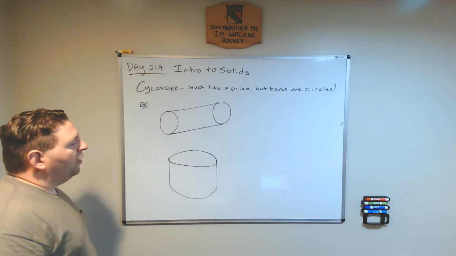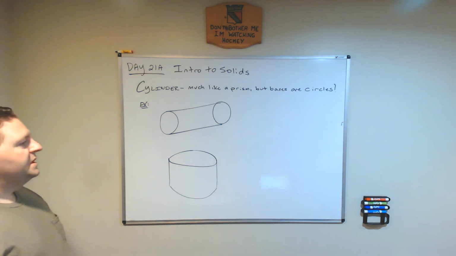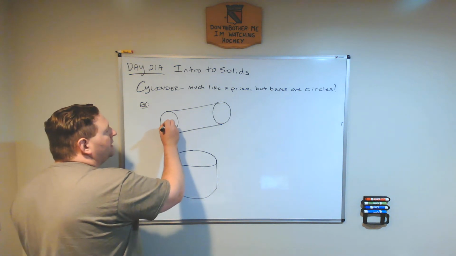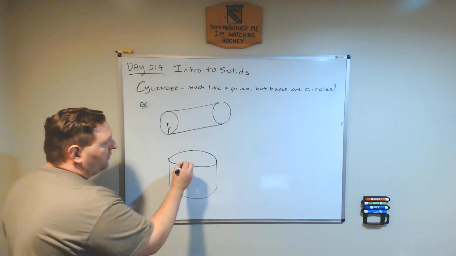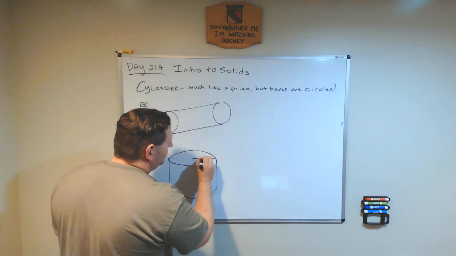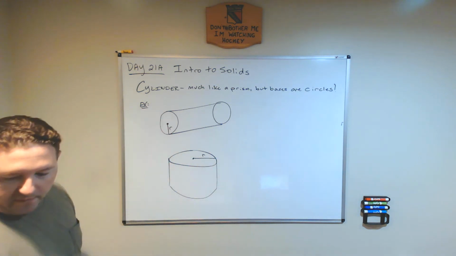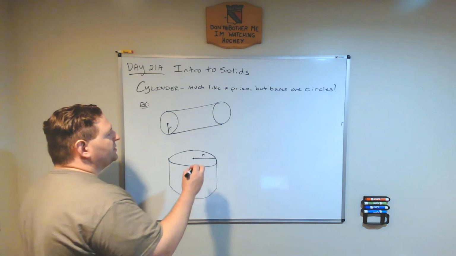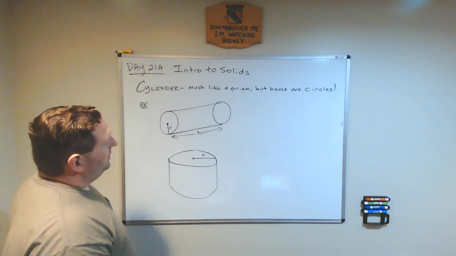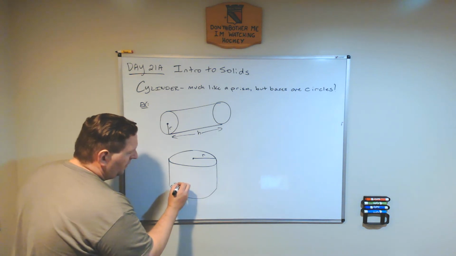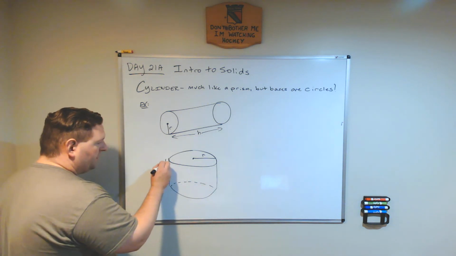Now your key values here would be your radius, which would be here, or if it was this kind of picture, it would be here. And then the height. Again, the height is the distance between the circles. So it could be this way, or it could be from this circle to this circle.